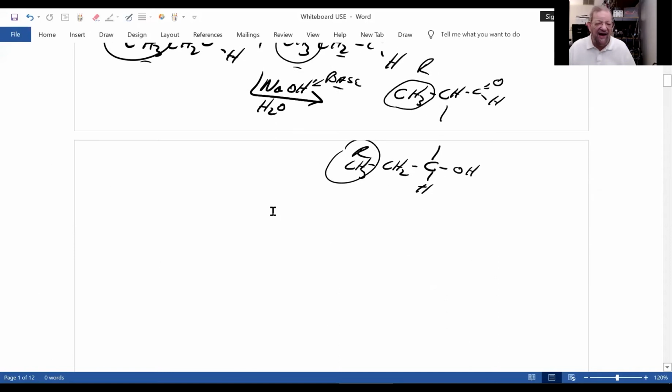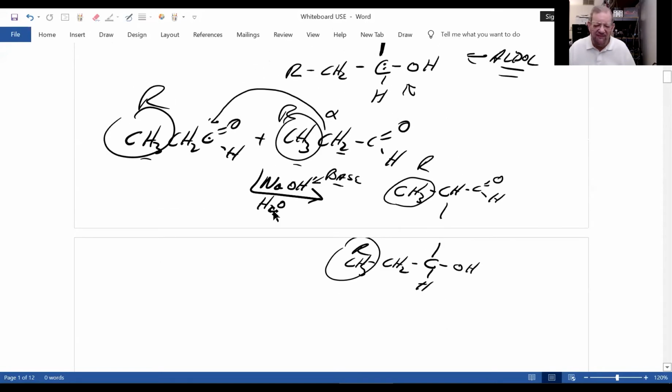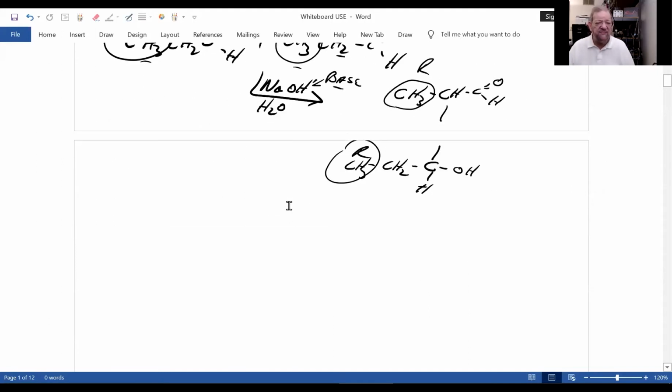Now, I haven't talked about mechanisms, but let me give you a little peek of how this really goes. What I'm going to show you is just so I can have some fun and also show you something neat. Remember, Dr. White loves enolate anions, and I'm going to show you what's called the mechanism.